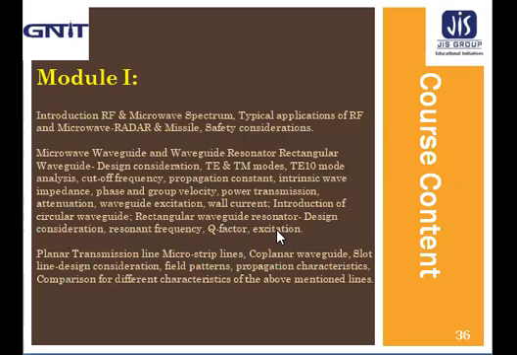Now, today we will discuss a topic on this section, that is microwave waveguide.